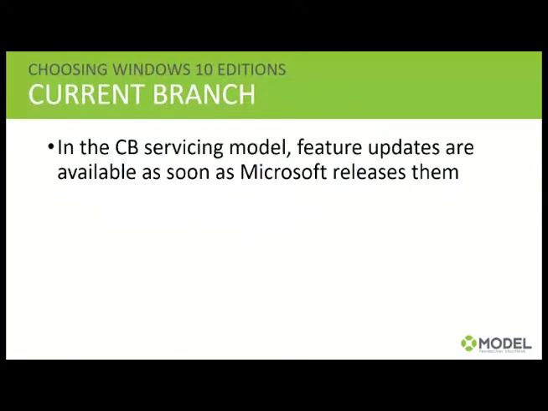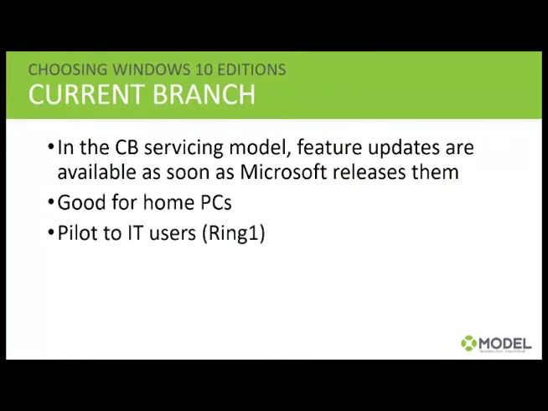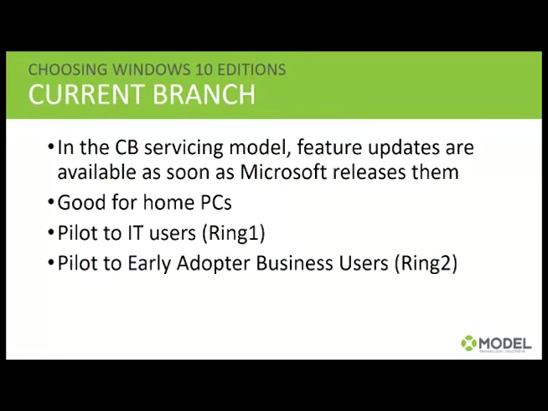We're going to stay high level still. In the current branch servicing model, updates, as I said, are released as soon as they're available, as soon as Microsoft releases them. They are good for home PCs, a pilot to IT users, which we're going to call Ring 1, and I'll bring that back around later.